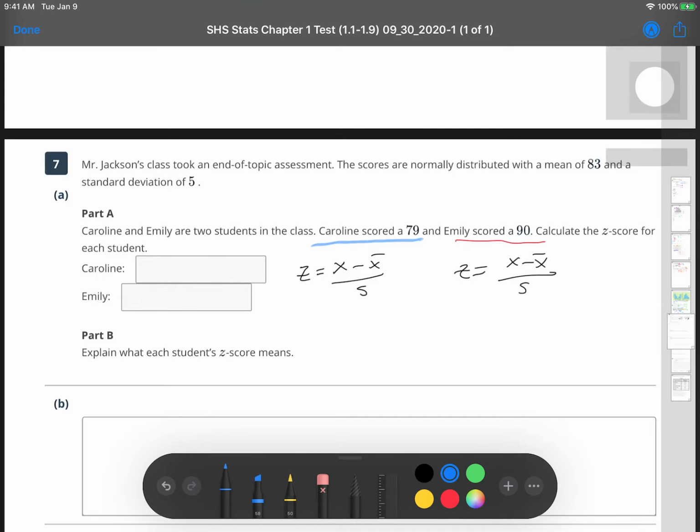So let's go ahead and use Caroline's. Caroline has a score of 79, and the average was 83, and the standard deviation is 5. So I'm going to get negative 4/5, which is negative 0.8.